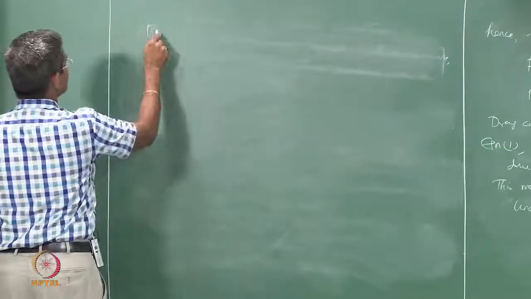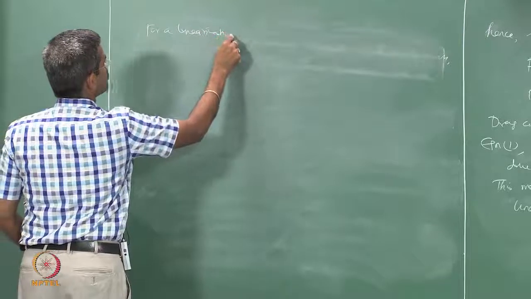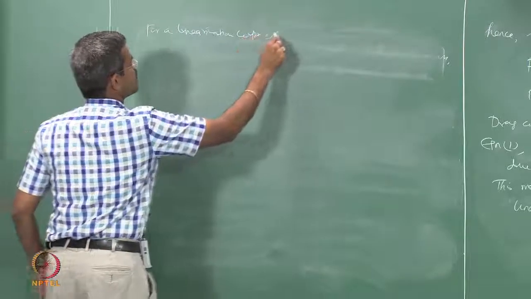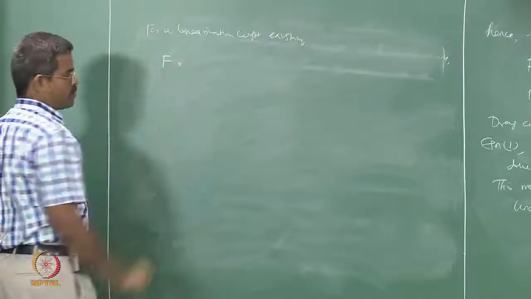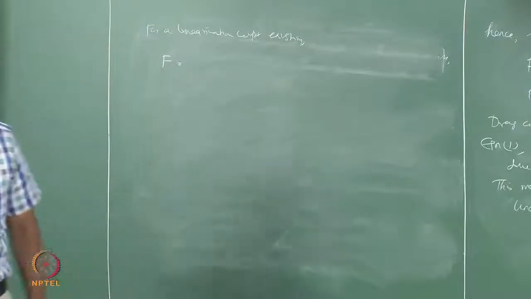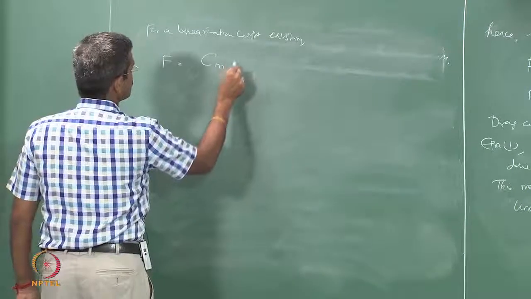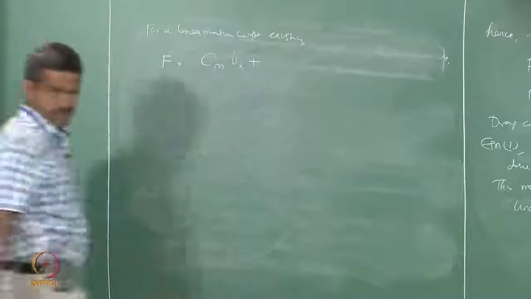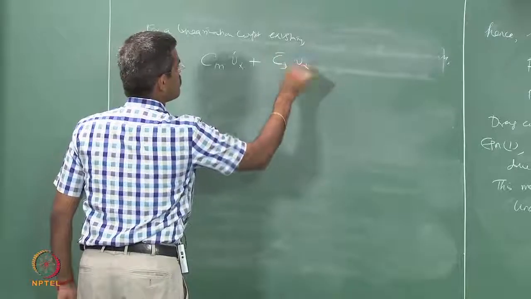For a linearization coefficient existing, the force now will be given by a different expression, which will be, let us say, Cm Vx dot plus CD bar Vx.